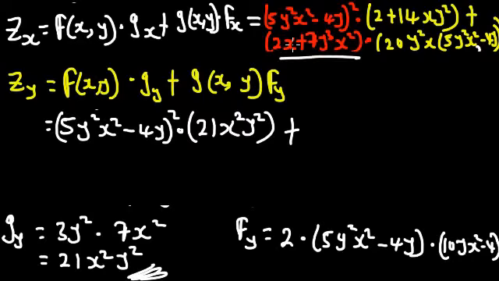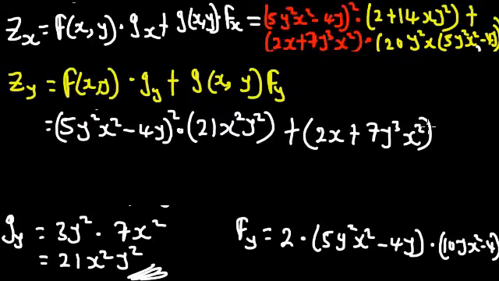G of x comma y is this one, and we have it in bracket: 2x plus 7y cubed x squared, then multiply by f sub y.